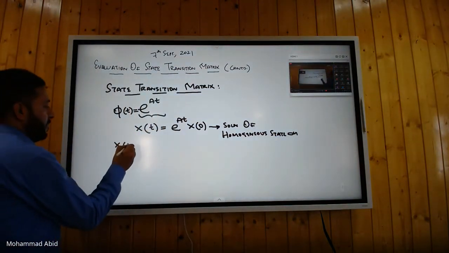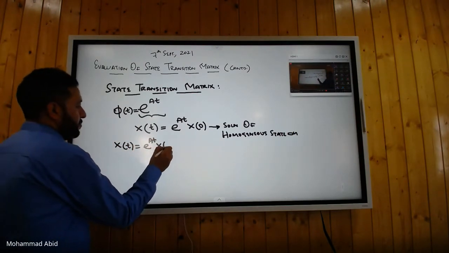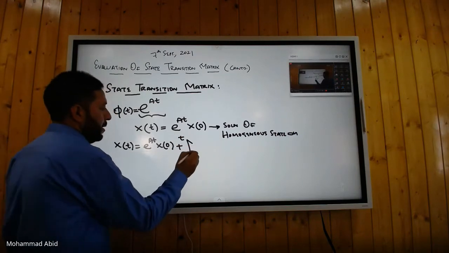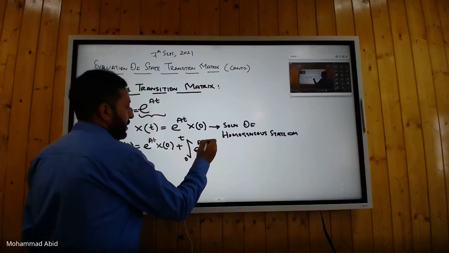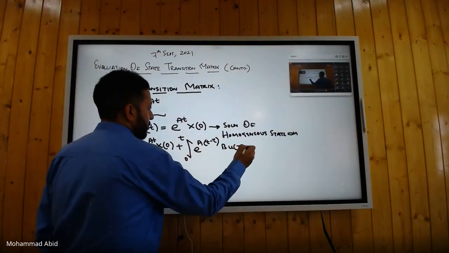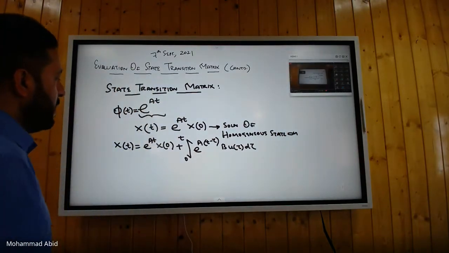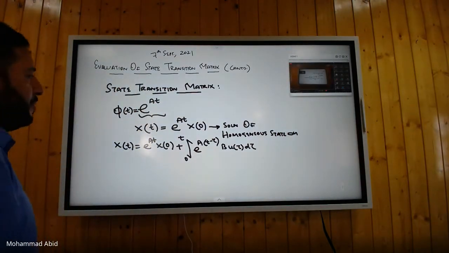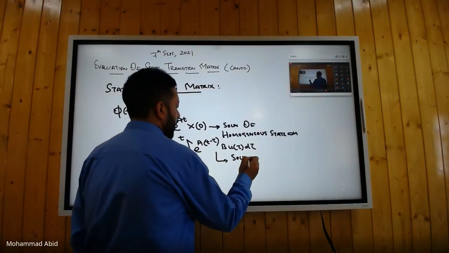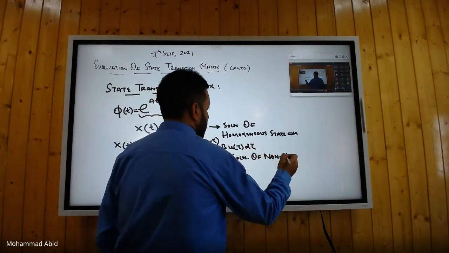It has two parts: x(t) equal to e to the power At x naught, plus the integral from 0 to t of e to the power A(t minus tau) B u(tau) d tau. Isn't it? This we have already proved.